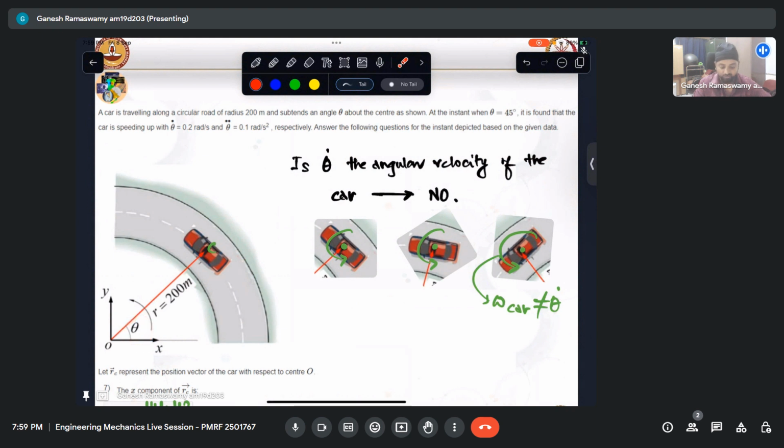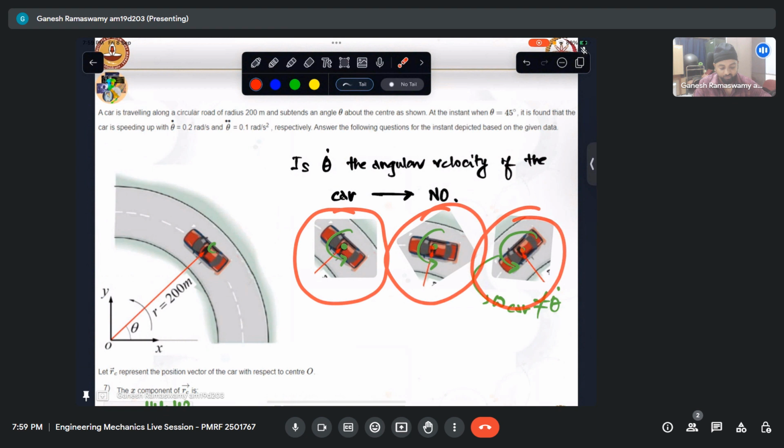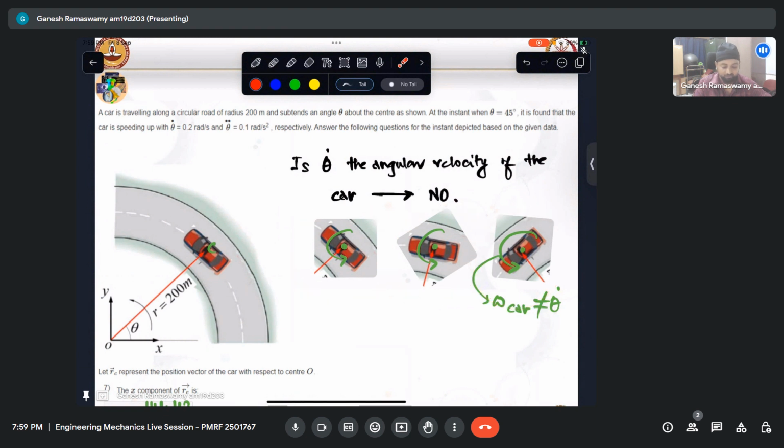The angular velocity of the car would come into play only in such a case where the car seems to be rotating about this green point in between. In which case, the car can no longer be treated as a particle, and would have to be treated as a rigid body. We will see how to analyze these systems in the coming weeks.